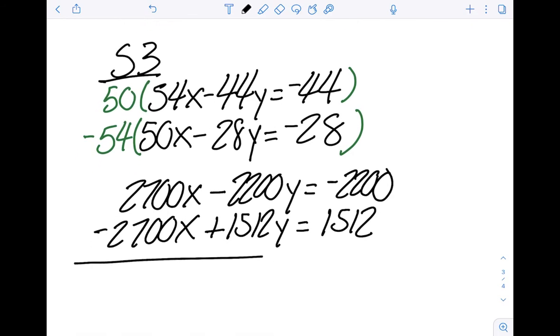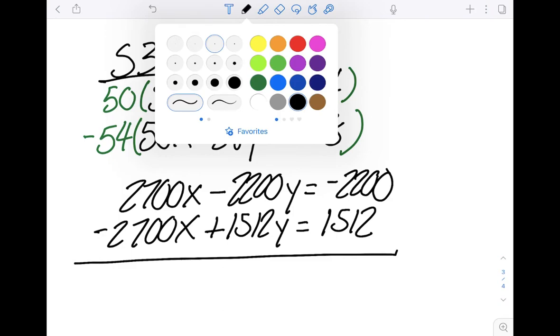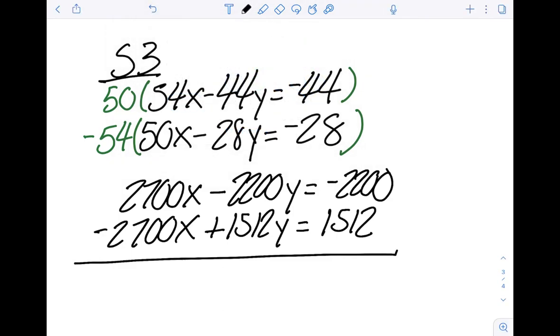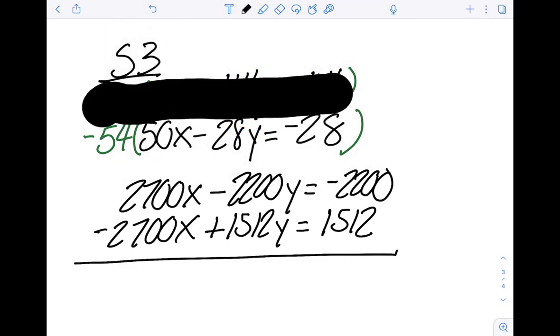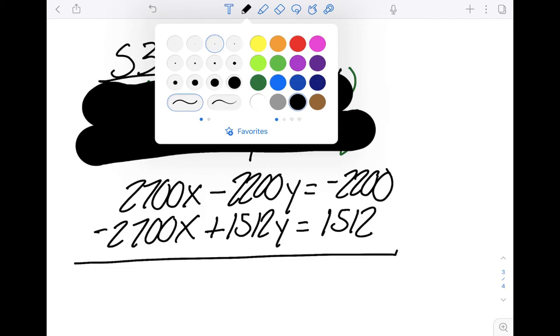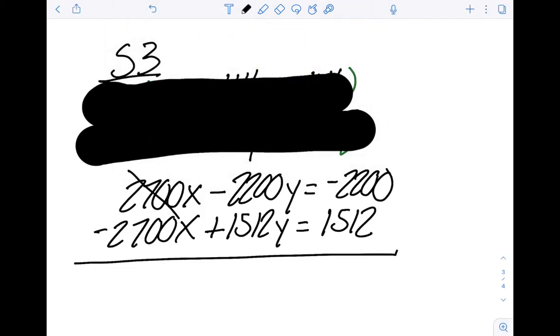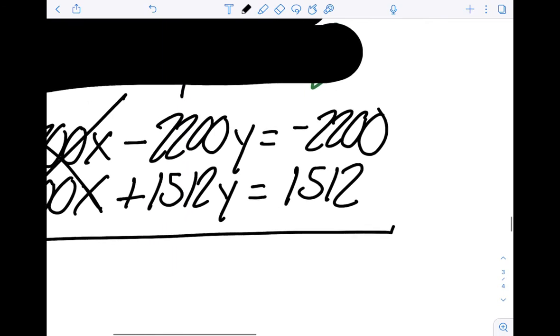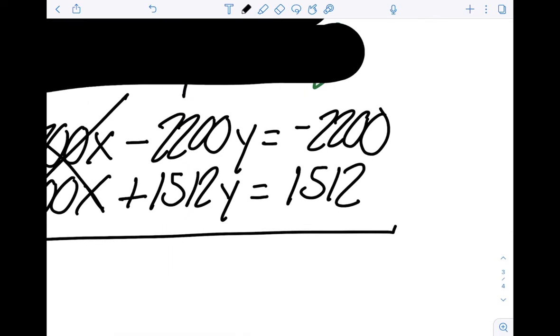All right. So again, what we can do with this is technically these two are gone as well. I have two new ones here, right? So this does the job exactly that I wanted. Look at that, 2700x minus 2700x, right? Now, the y's, 2200, negative 2200, and positive 1512, different signs, so I got to subtract.